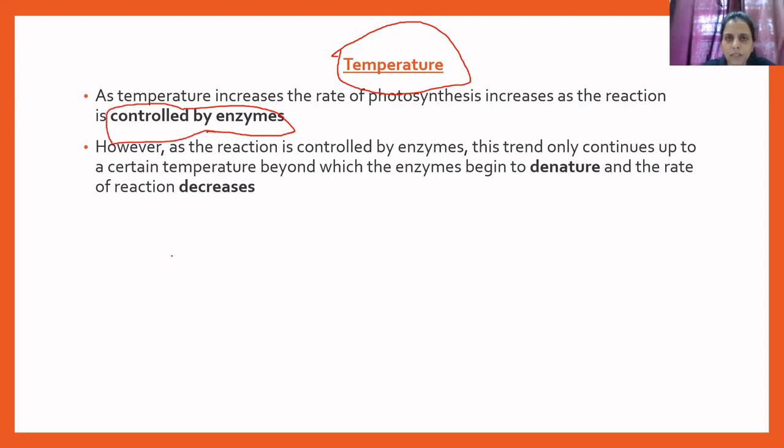Now in unit 5, you have studied the mechanism of enzyme action, that is lock and key hypothesis. So you are aware that every enzyme present in living organisms has an active site, okay. So this is the active site of one enzyme, for example.